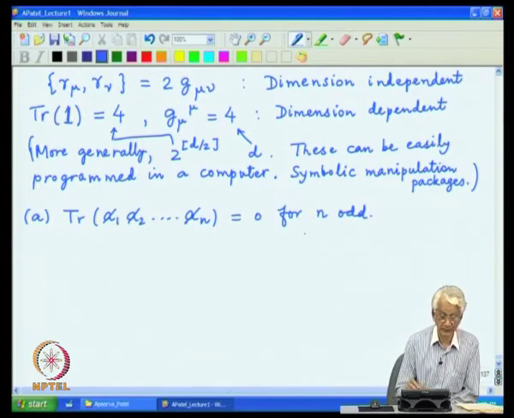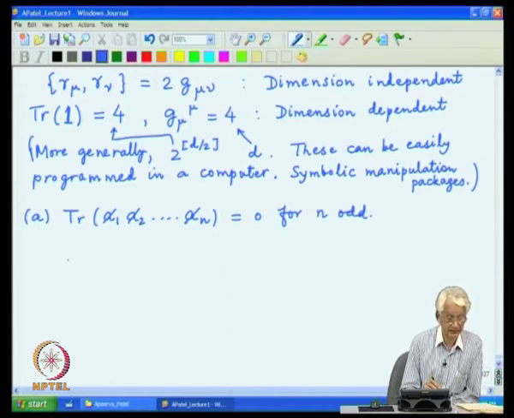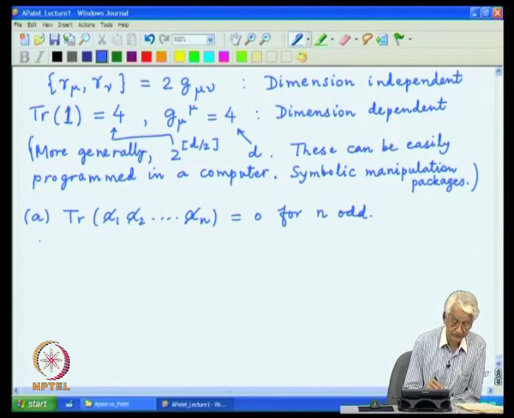The proof of this result is easily obtained by using the properties of the matrix called gamma 5.